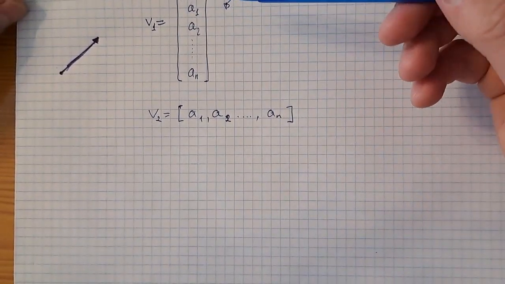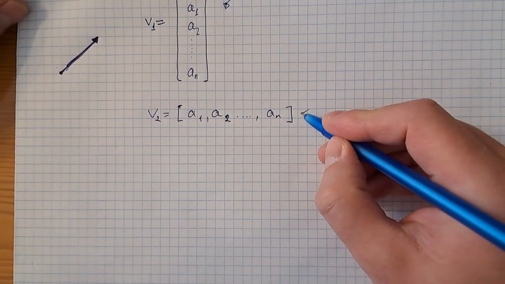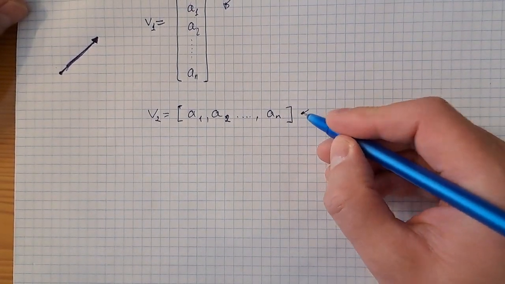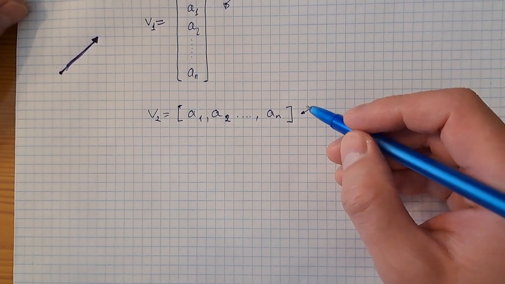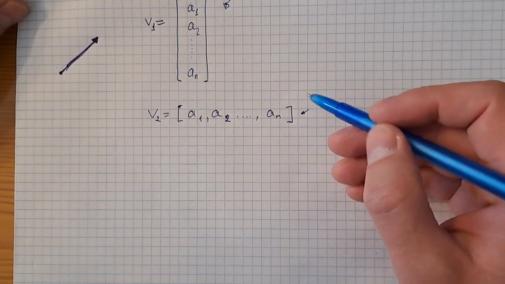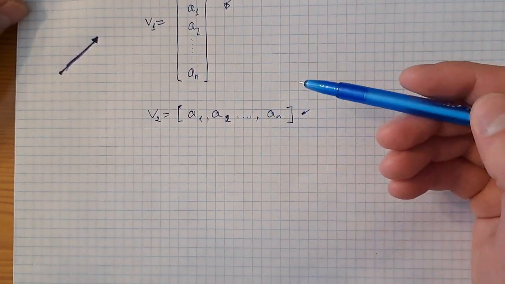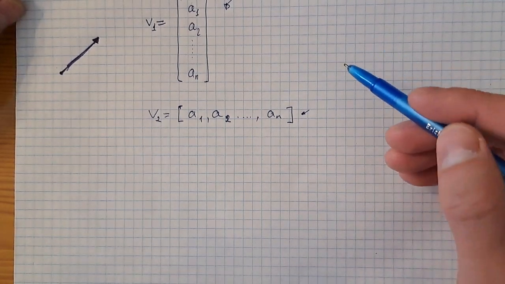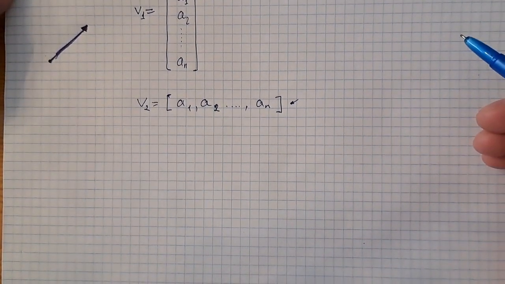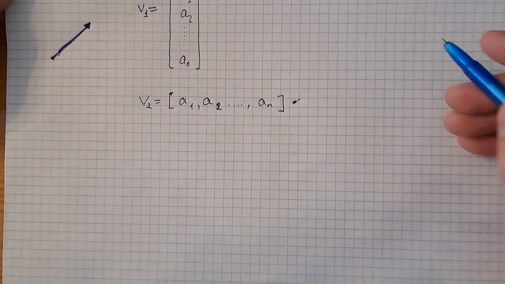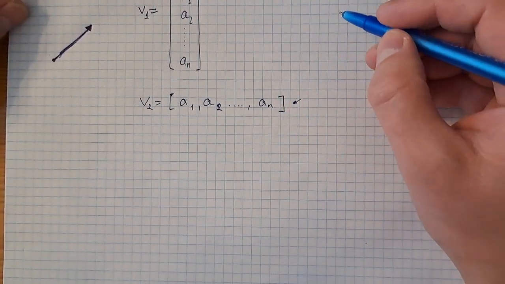But usually the column vector is meant, because what I can imagine is the reason why we use the column vector is to be compatible with matrix representation.